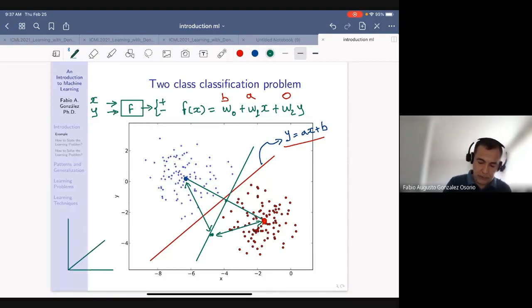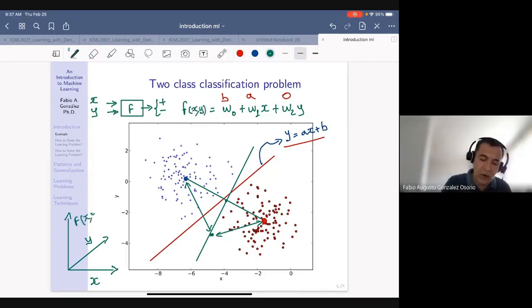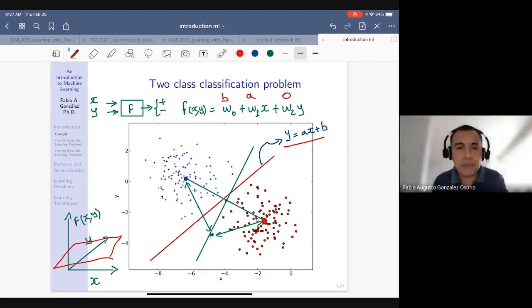So this is X, this is Y, and this one is f of x and y. Here, I just noticed that this is a function of x and y. Yeah, that was my point. Oh, okay, thank you. And that's a hyperplane here somewhere.